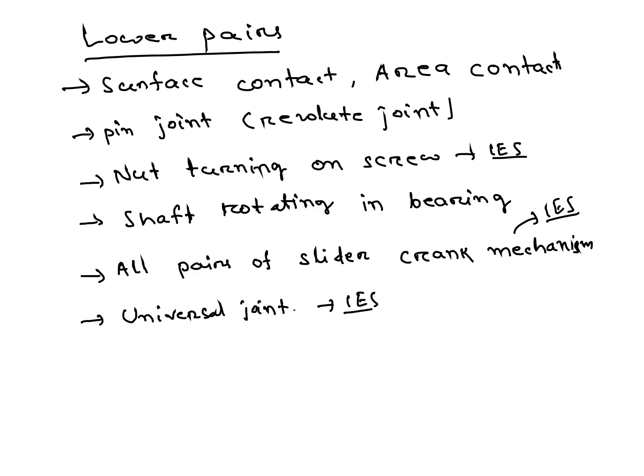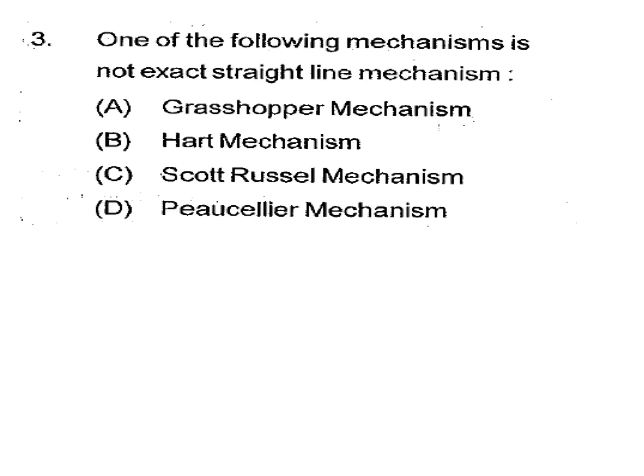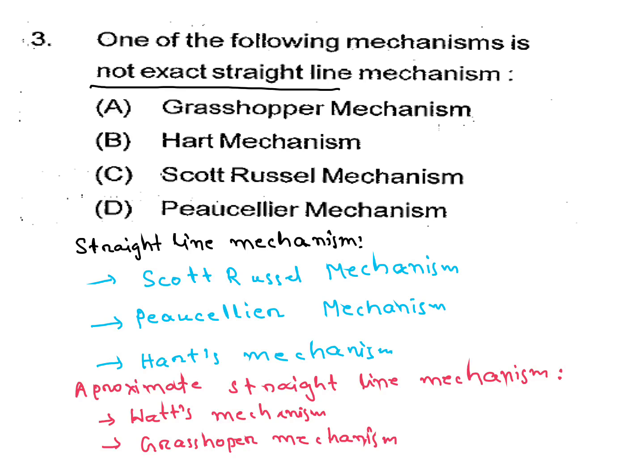Next question: which one of the following mechanisms is not an exact straight line mechanism? So we have to check this one. Exact straight line mechanism examples are the Scott-Russell mechanism, the Peaucellier mechanism, and Hart's mechanism, and for approximate straight line mechanisms, Watt's mechanism and the Grasshopper mechanism.